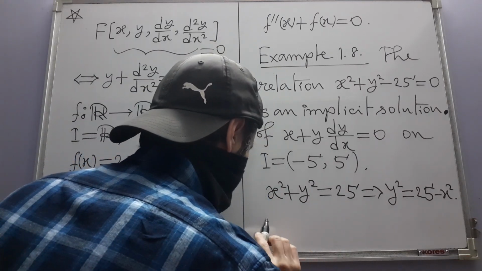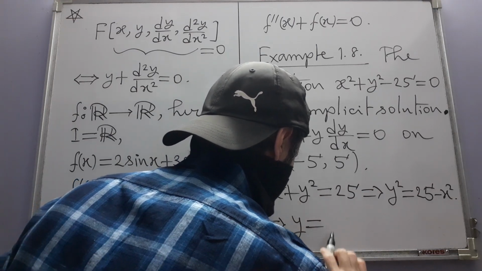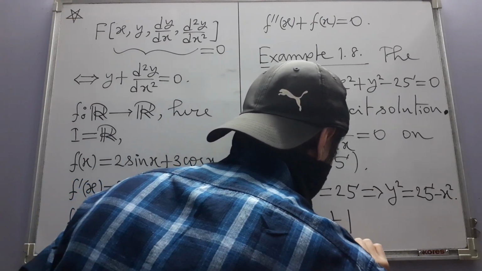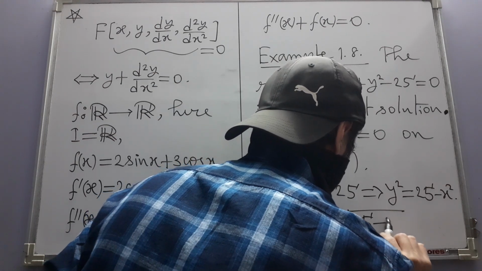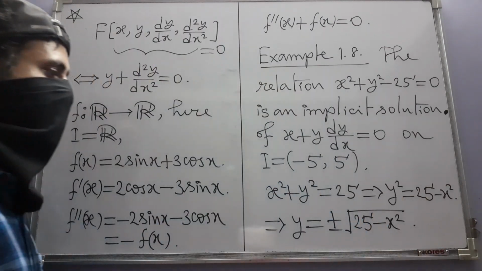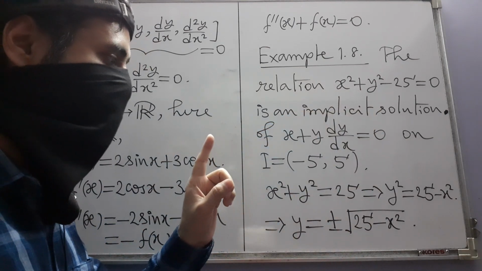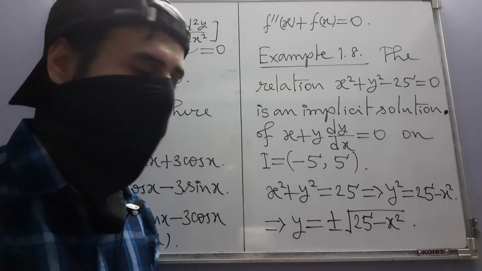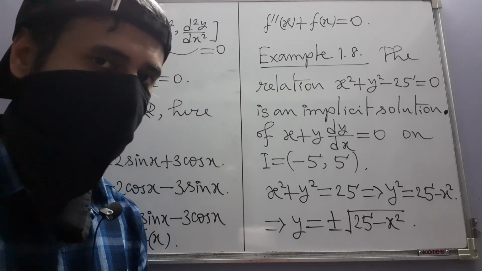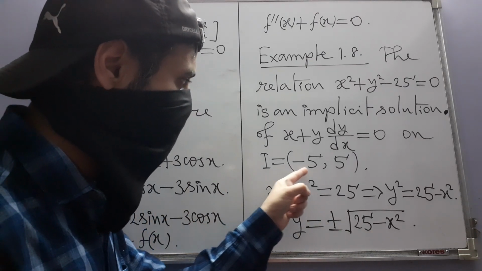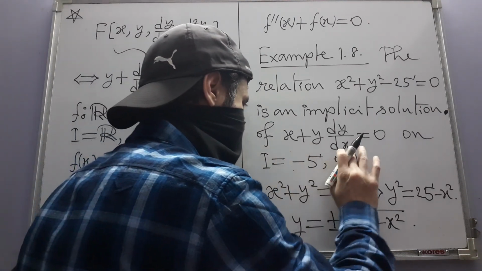But anyway, if you now fully solve for y, you are actually getting two possible values of y for a single value of x. In other words, this relation does not exactly define only one function of x, but rather it defines two functions of x at once, and both the functions have this interval as their domain.